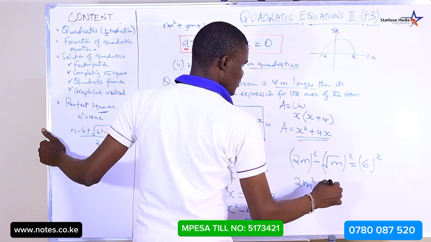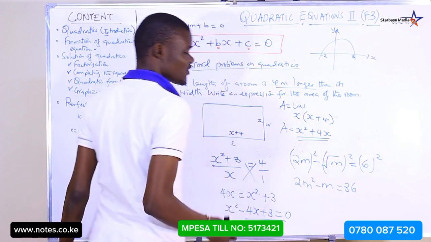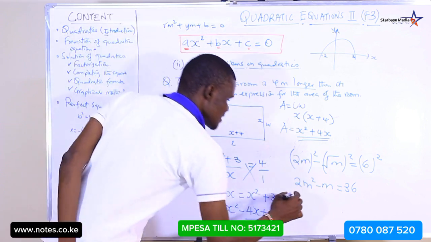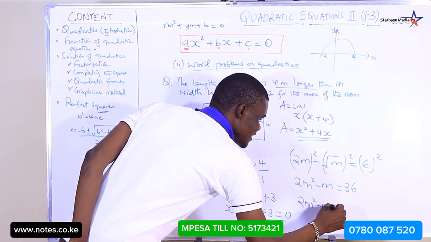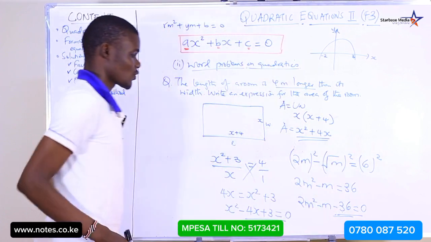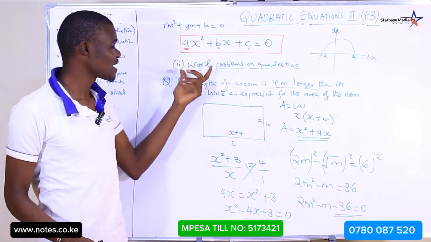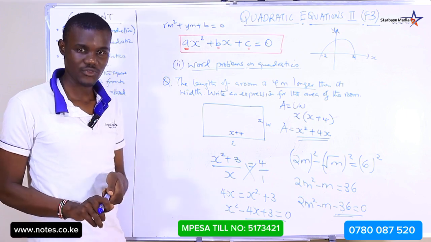So don't panic. Anything can lead you to a quadratic equation. This is why we are saying this is a core topic in mathematics, and that is why we gave it priority to help us understand this before we start with how to solve them. Nearly 70% of the topics rely on concepts on quadratic equations. So thank you.